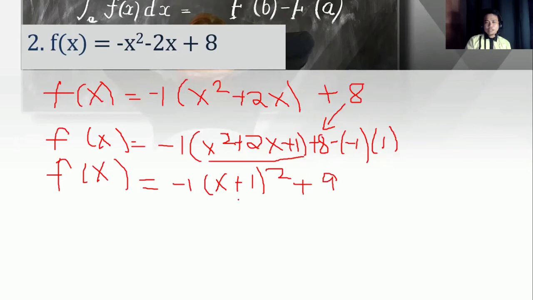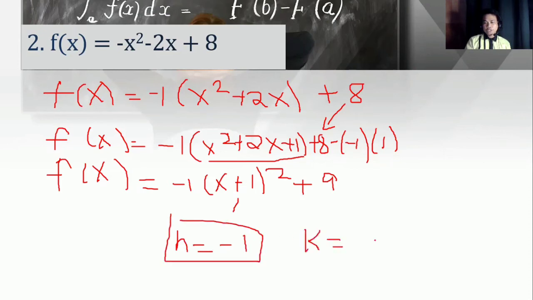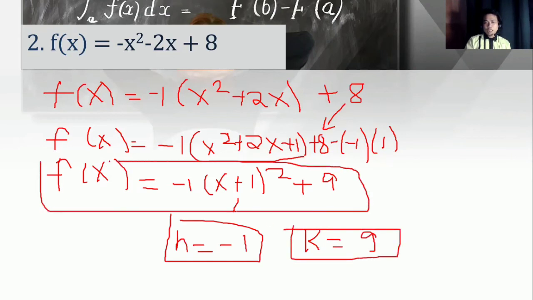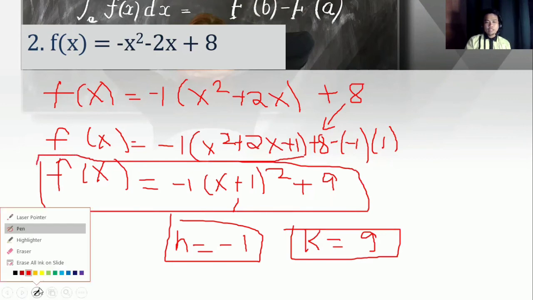So from this, h becomes negative 1. And as is yung ating value ng k, which is positive 9. Then our vertex form is f of x equals negative 1 times the quantity of x plus 1 squared plus 9.